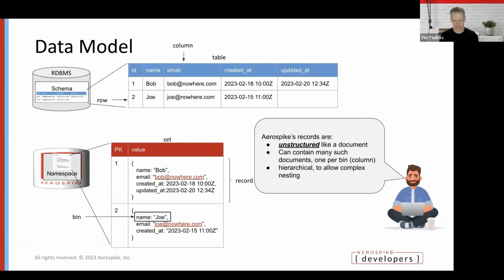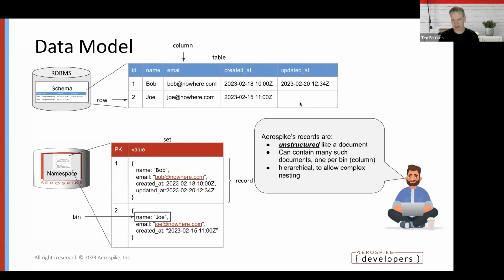Inside my set, I also have records. A record is similar to a row in a relational database. It's a set of information associated with a single key. And then that is broken down to what we call bins. A bin is similar to a column. Now, Aerospike is unstructured data. So you can see in my relational database, I have 2 records. Joe doesn't have a last updated time or an updated at time.